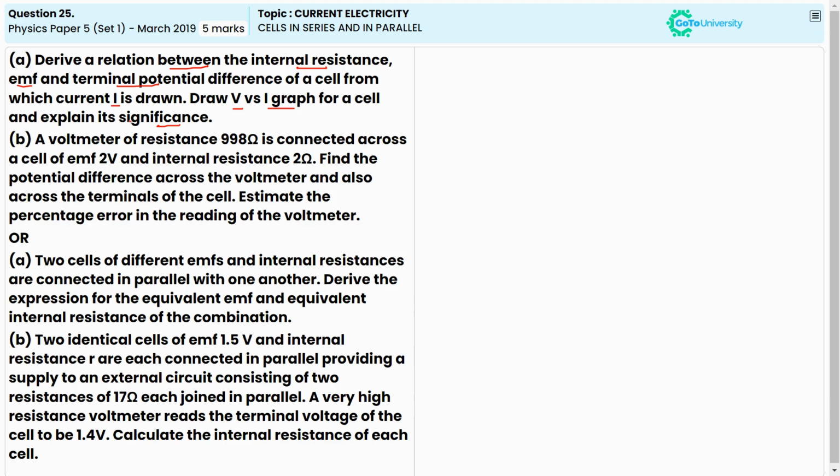We require a circuit with junctions A and B, the resistance R, and the battery connected with it, and the current is flowing in this direction.